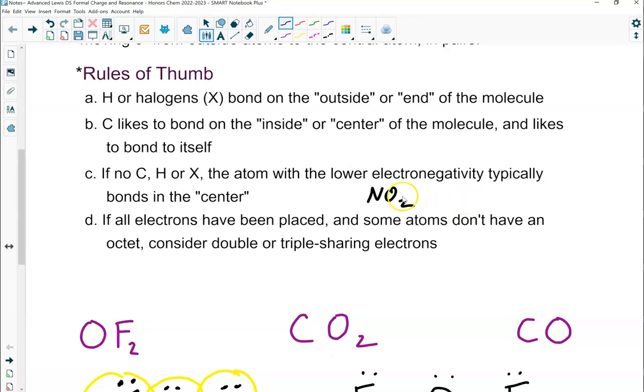I always say, if you had NO2, do you think it's going to bond like this? No! Or is it going to bond like this? Oh no. Who is going to be in the center? Well, in this case, it's nitrogen in the center.